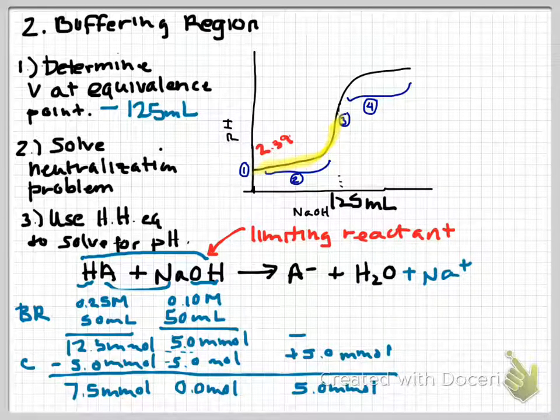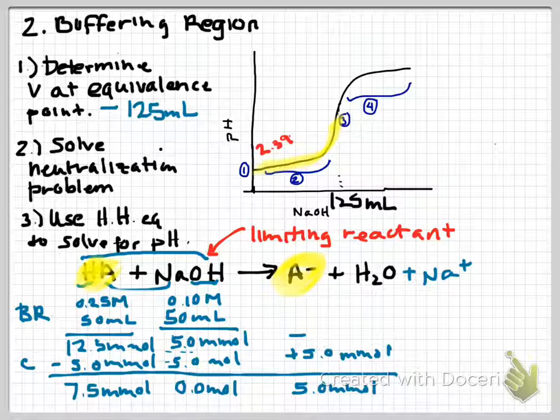And so when I have this situation, it should look like a buffer. So if I have a weak acid and its conjugate base in solution, I have a buffer.